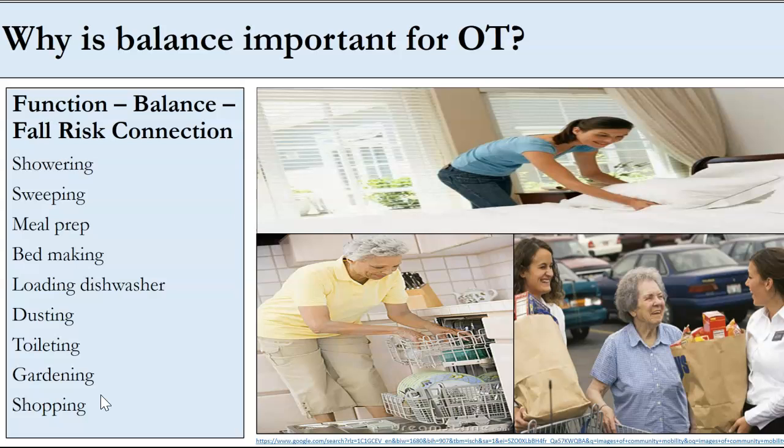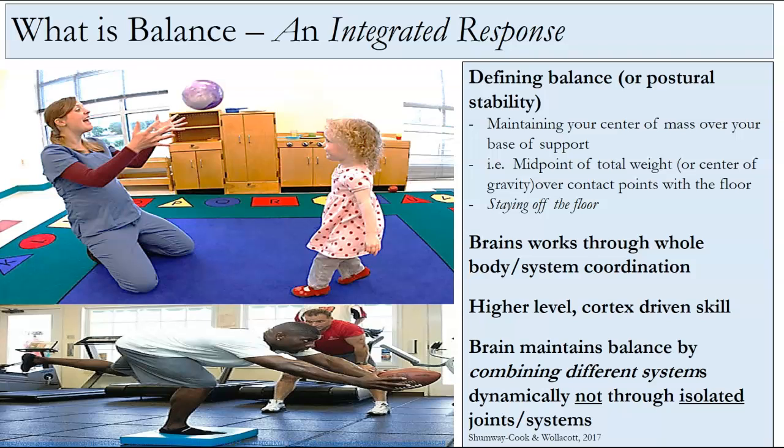To do these without falling, you need to have good balance skills. What is balance? It's not any one thing. It's a very integrated, multidimensional process that your brain coordinates all at once.